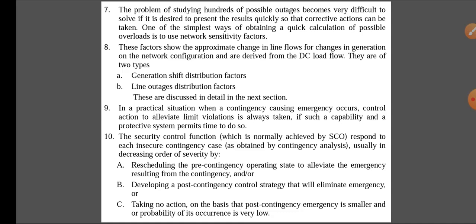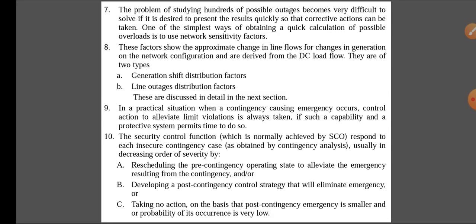These factors show the approximate change in the line flows for changes in generation on the network configuration and are derived from DC load flow. So we are using some approximation so that we can get the results quickly and decide the corrective actions immediately.